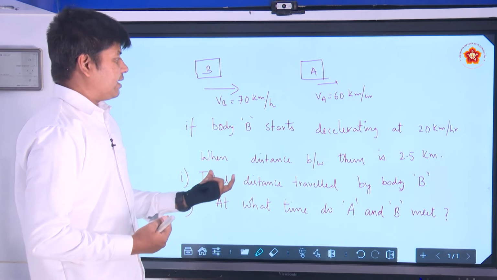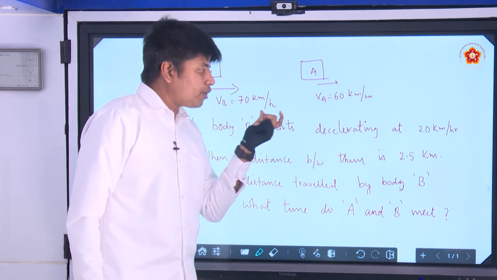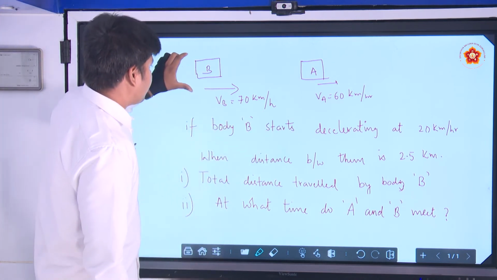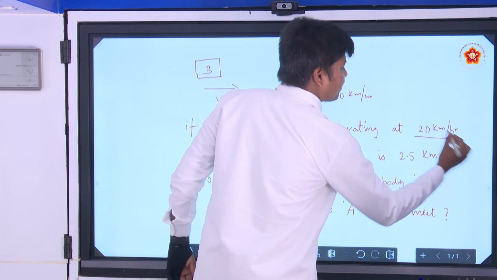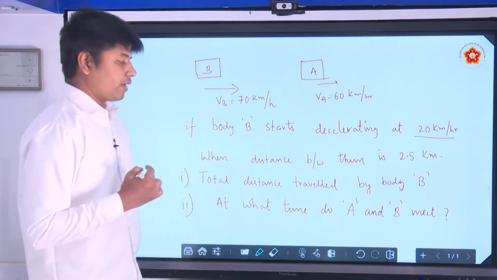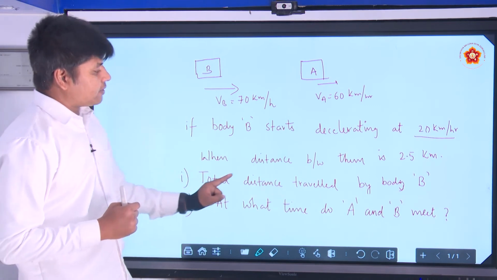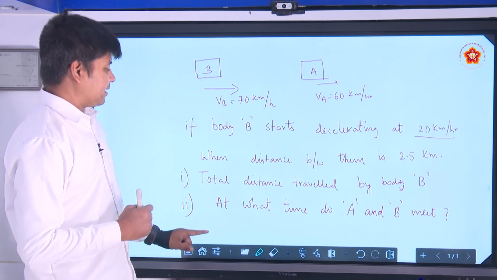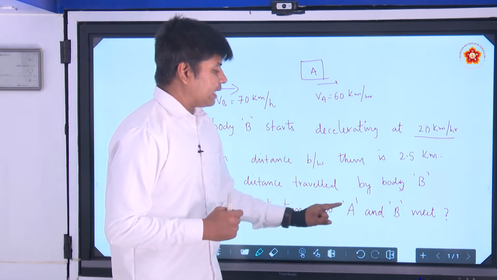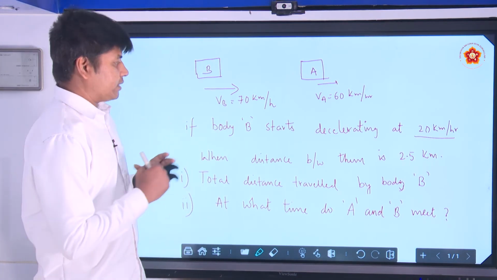Before meeting, when the distance between these two objects becomes 2.5 kilometer, this body B starts decelerating at what rate? At 20 kilometer per hour. All right. So, now he is asking what is the total distance travelled by body B, which is very easy. And the second, interesting thing is, at what time do A and B meet each other? These are the two questions.